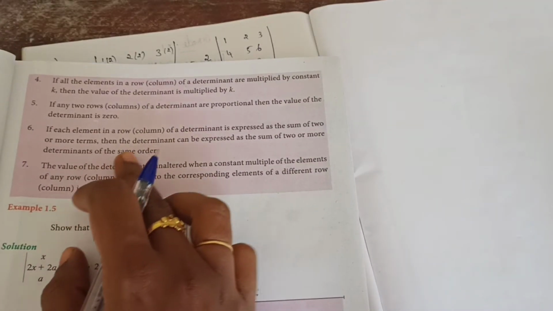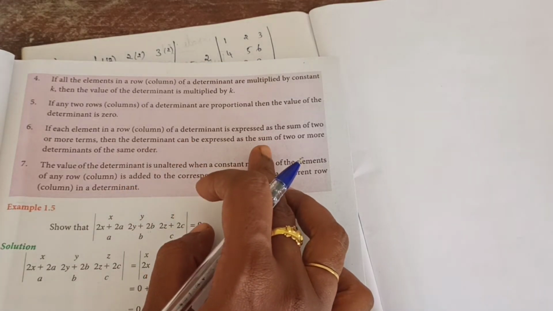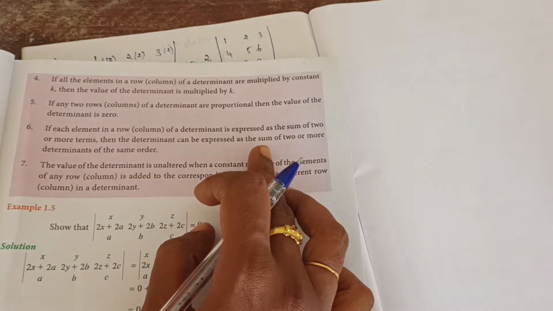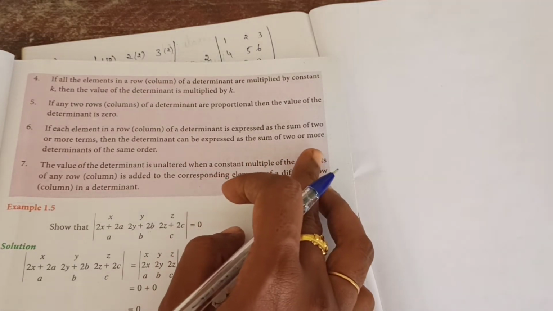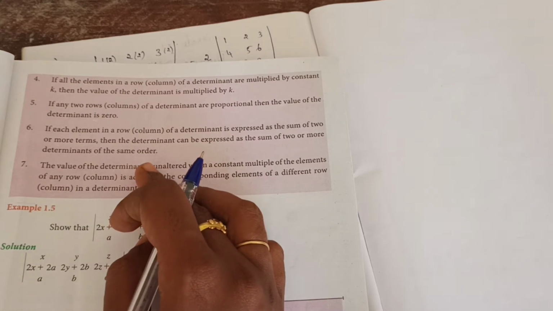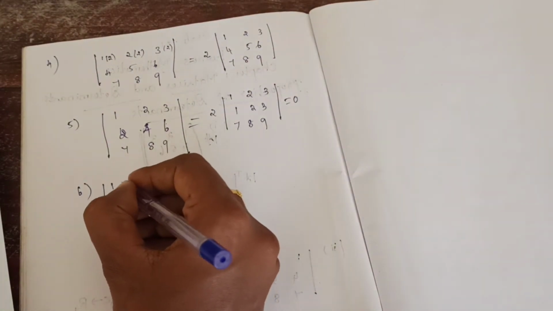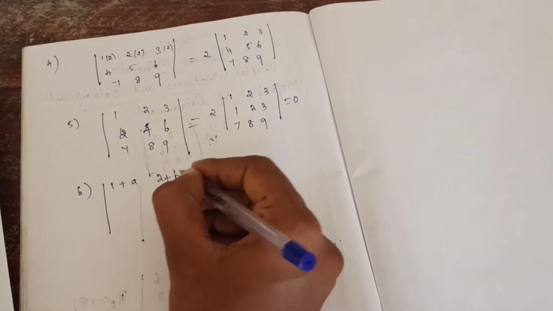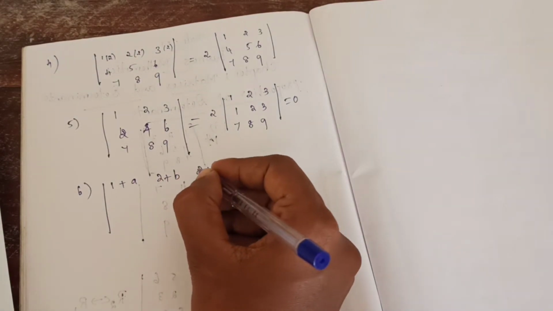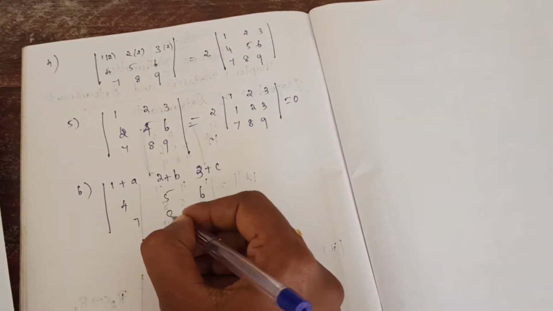Okay. Then the next property is, if each element in a row of a determinant is expressed as the sum of 2 or more terms, then the determinant can be expressed as the sum of 2 or more determinants of the same order. So we can split. That's the meaning. I will give another example: 1 plus A, 2 plus B, 3 plus C, then 4, 5, 6, 7, 8, 9.